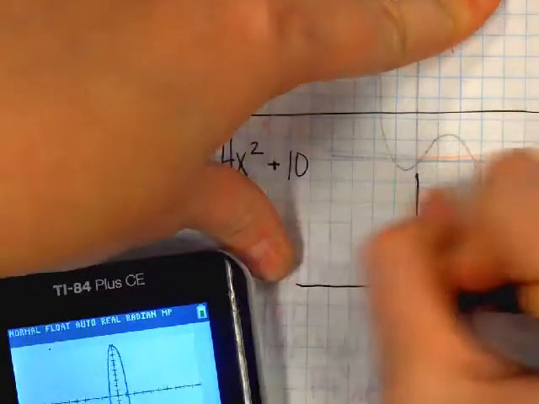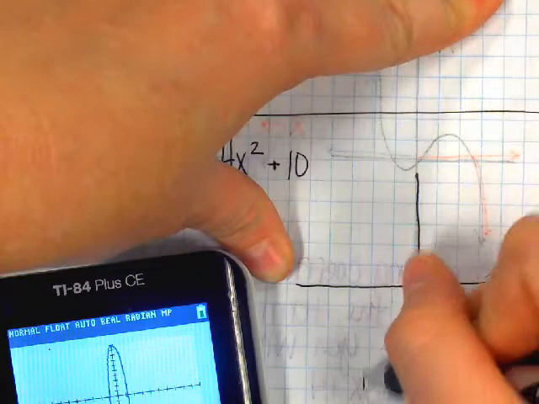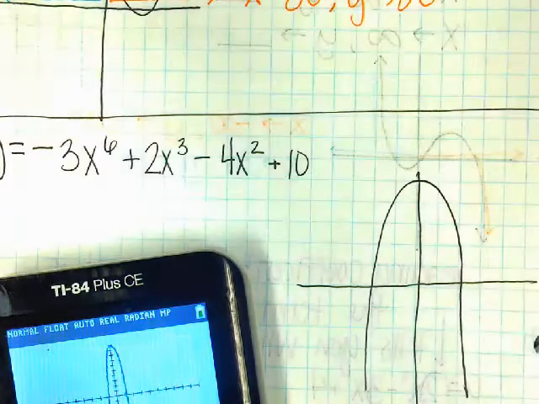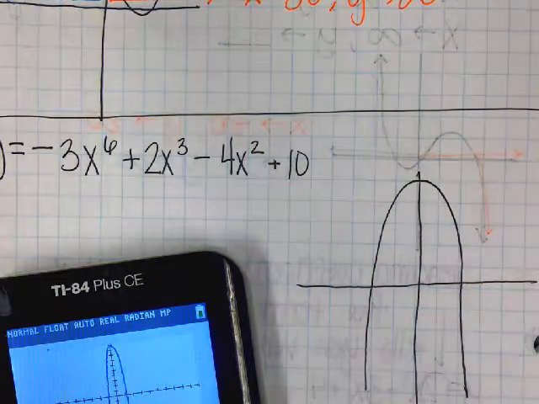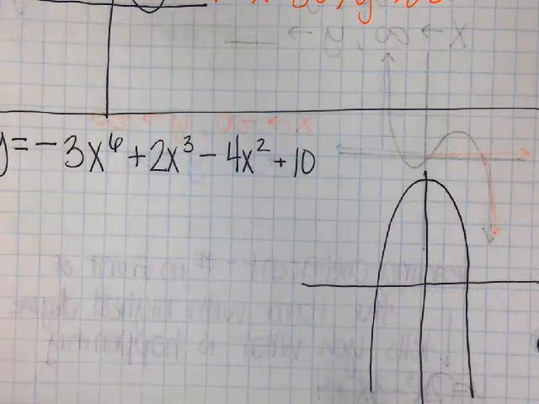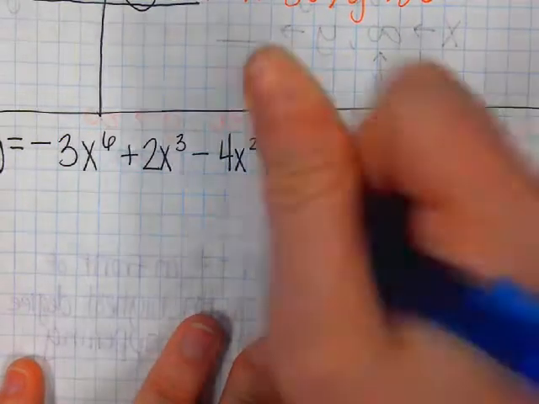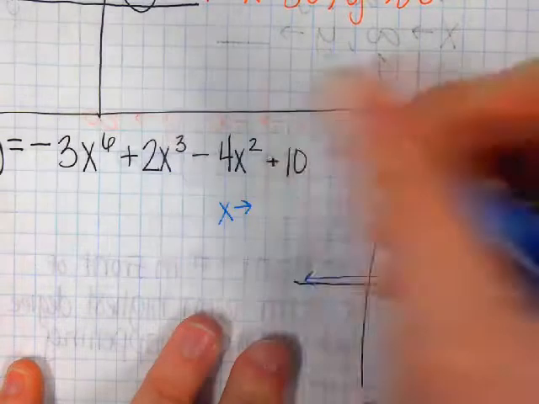Okay, so if you look at that, it looks like that. Again, when you're doing end behavior, all you need to really do is get the basics of it, the basic shape.